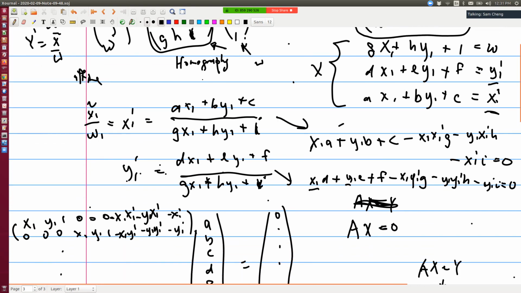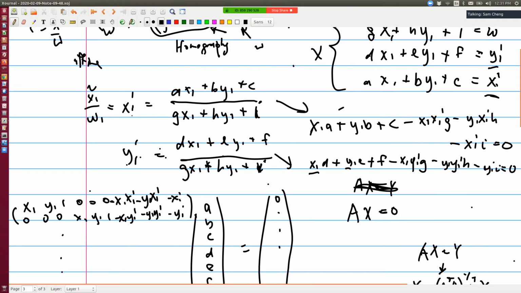So I can just move things around. I multiply this to the other side, and I have x1 times a something minus this thing equal to 0, right? And this is also equal to 0.